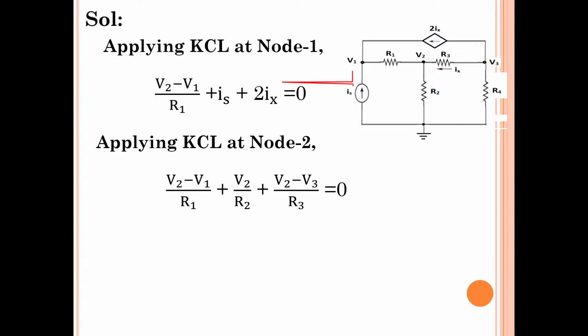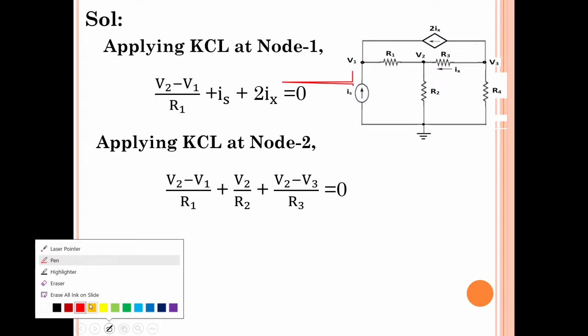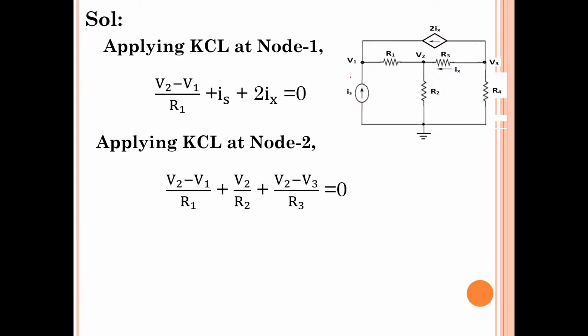Here I have assumed current Is is entering, current 2ix is entering this node, and the current flowing through R1 is also entering. Current has started from V2 and ended at V1. So V2 minus V1 by R1 plus Is plus 2ix is equal to 0. Now it is more satisfactory for me.